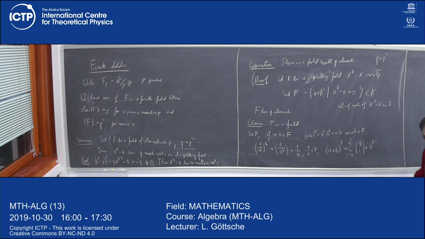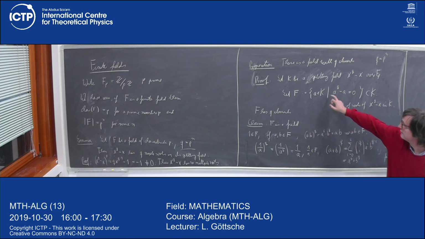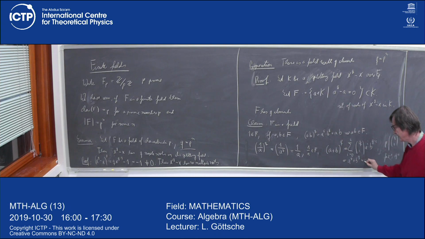So P divides Q choose I for I from 1 to Q minus 1. That means there are only 2 summands, and the others are 0 because we are in characteristic P. So only 2 summands survive. This is A to the Q plus B to the Q, and as we are in F, this is A plus B.